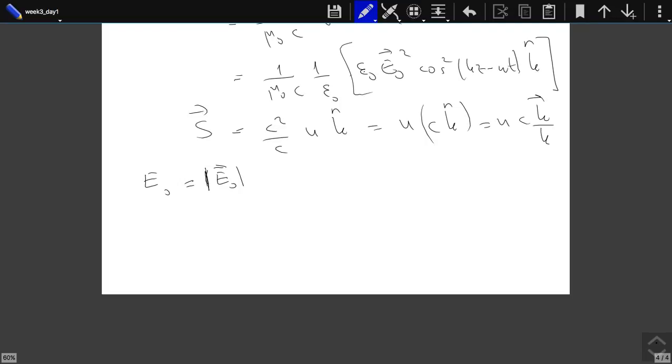Now let's talk about the momentum density. So do you remember the definition of momentum density?